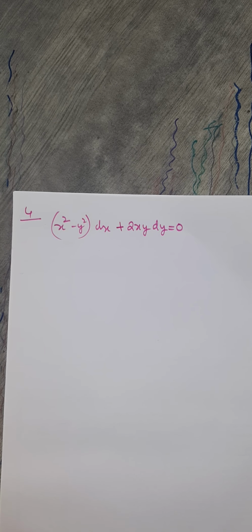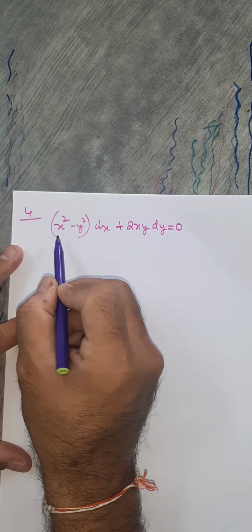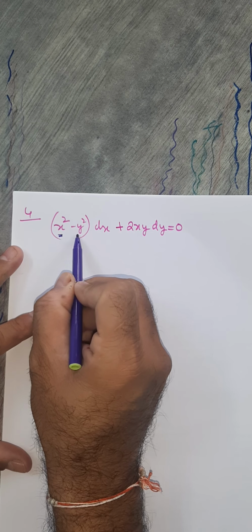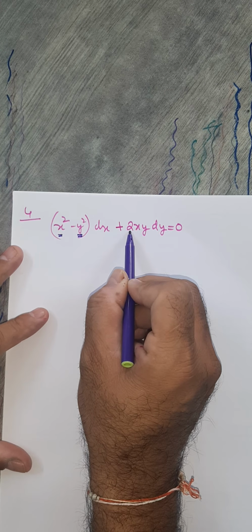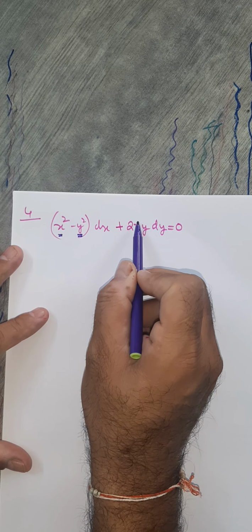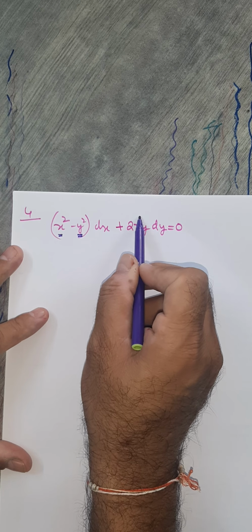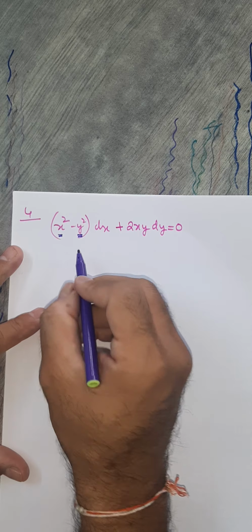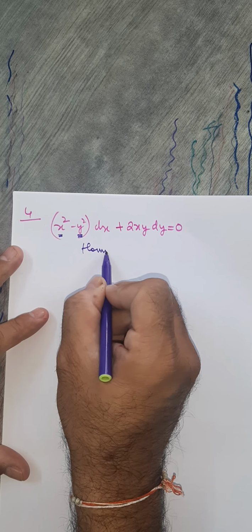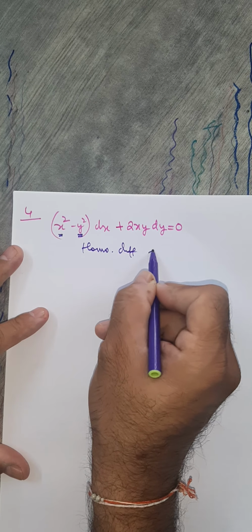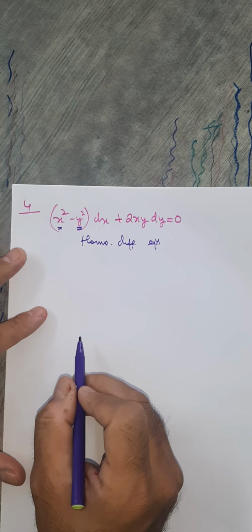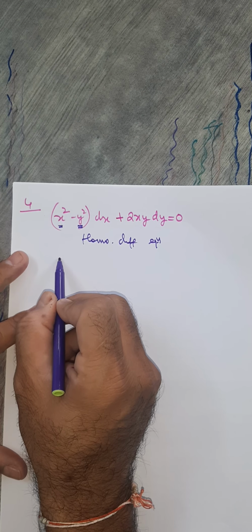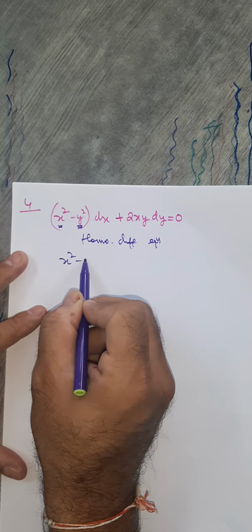Fourth question. Just observe, you will see that it is a homogeneous differential equation. Here 2, constant has power equals to 0, but here 1, so this term has total power equals to 2. So homogeneous differential equation. We are going to express in which form? Dy by dx equals to something.